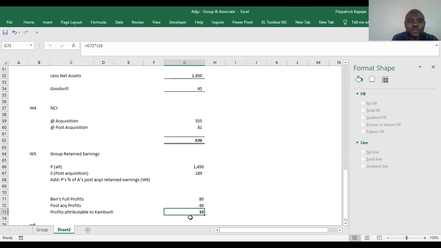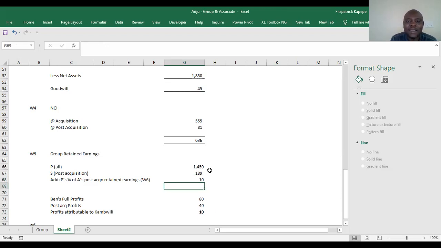So this profit is going to group retained earnings because Kambili invested in this particular associate, Ben's business, and Kambili is getting 10 million kwacha from there, right?